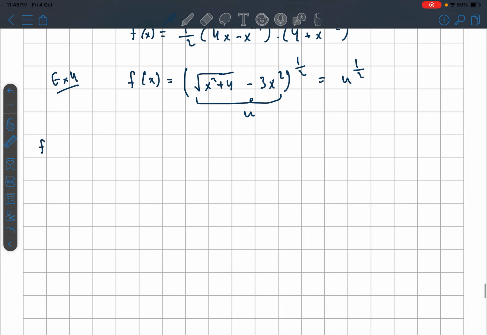Then we can say that f prime x is 1 over 2 u power of negative 1 over 2 times d over dx of the function square root of x square plus 4 minus 3x square.